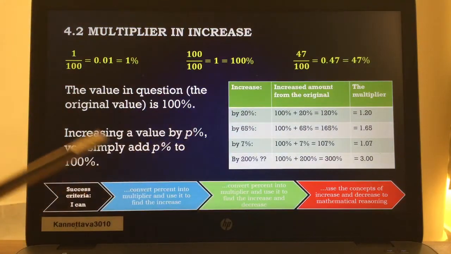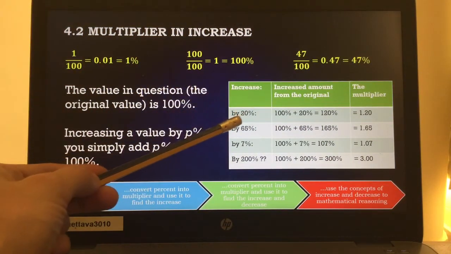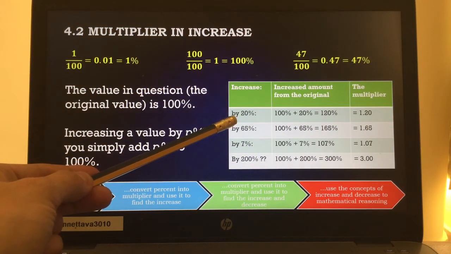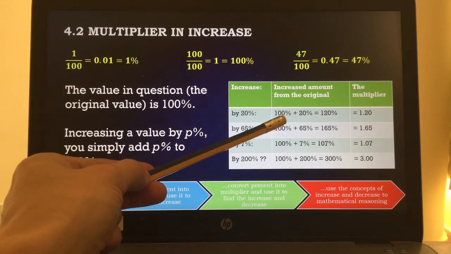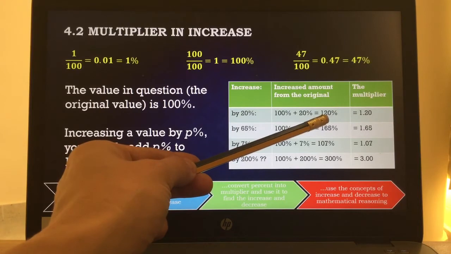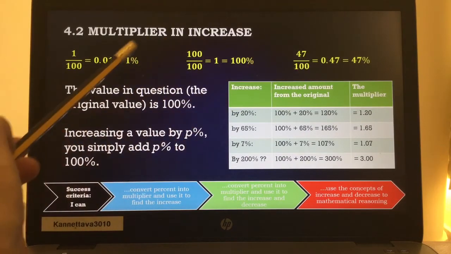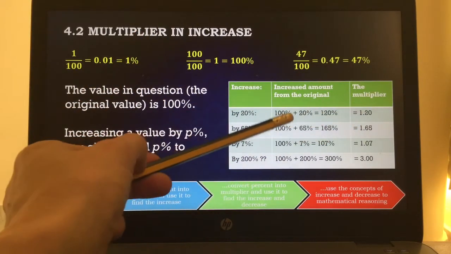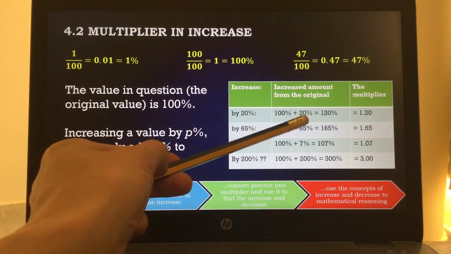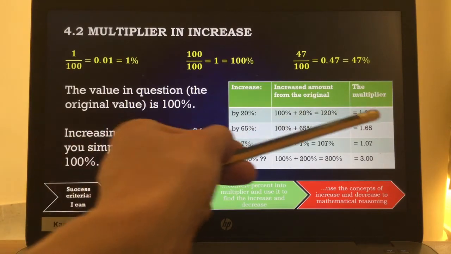For example, if you want to increase an amount by 20%, you add 20% to 100, you get 120%, and the multiplier according to this is 1.20, because it's 1 added to 0.2, which is 120.